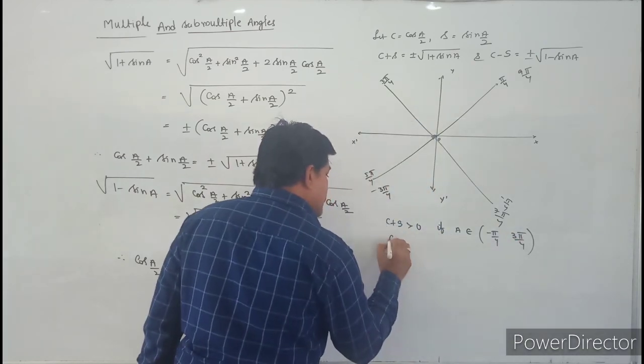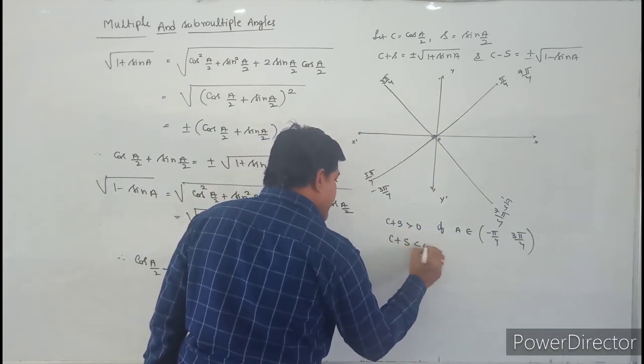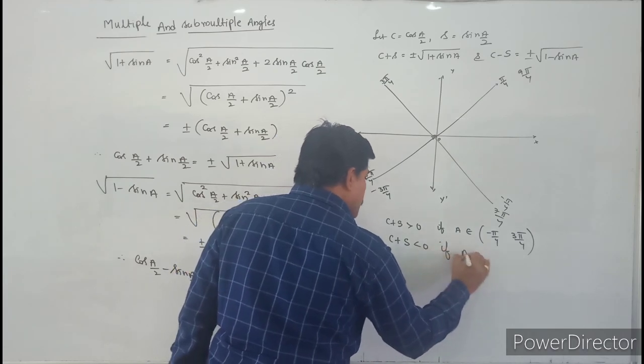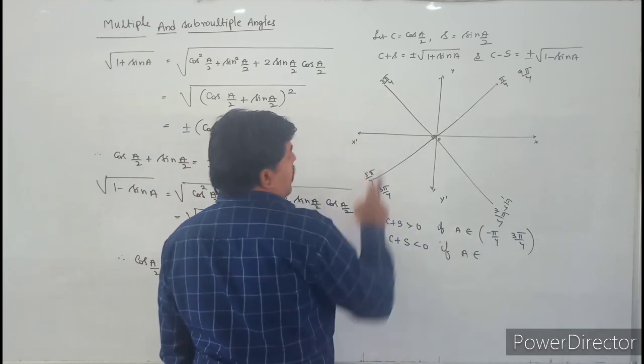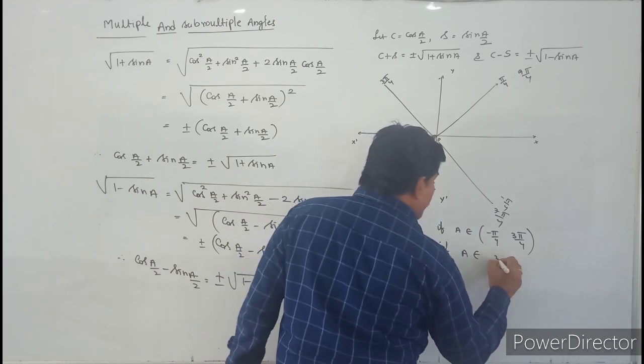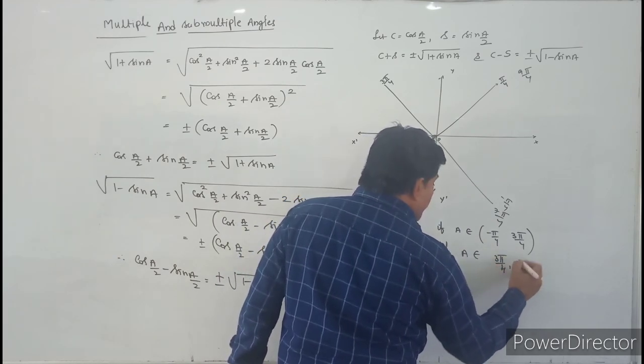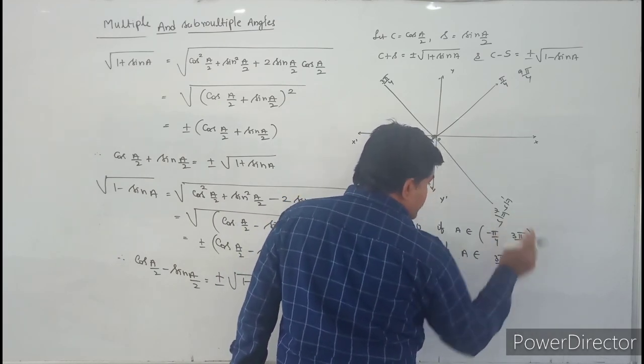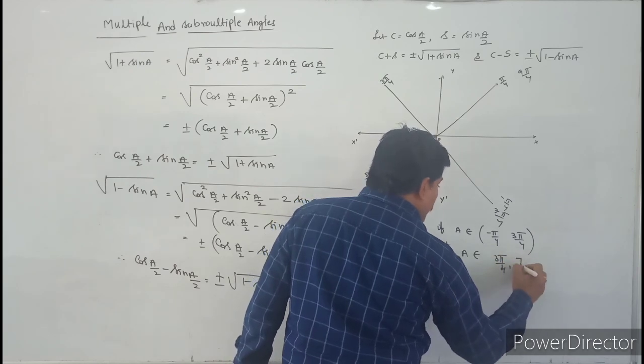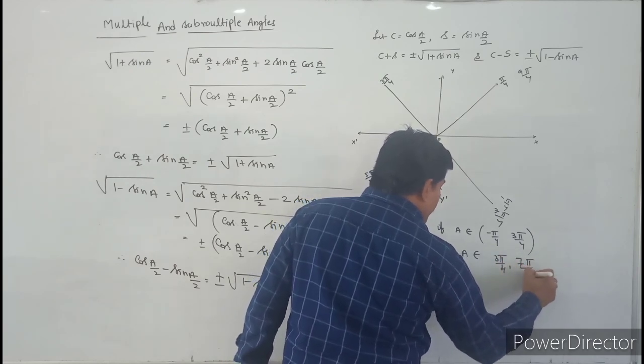And c plus s is negative if a belongs to 3 pi by 4 to 7 pi by 4.